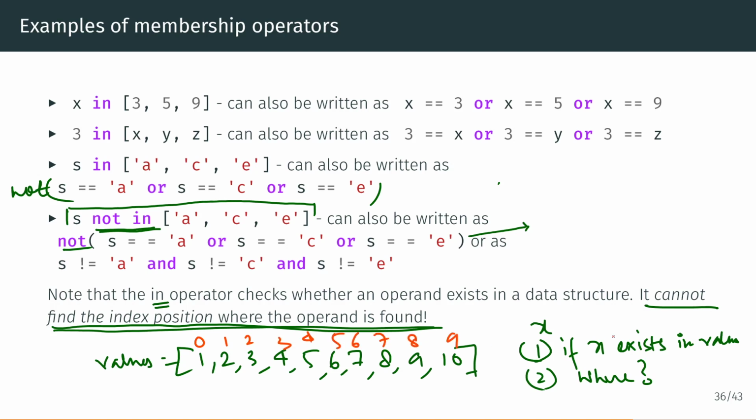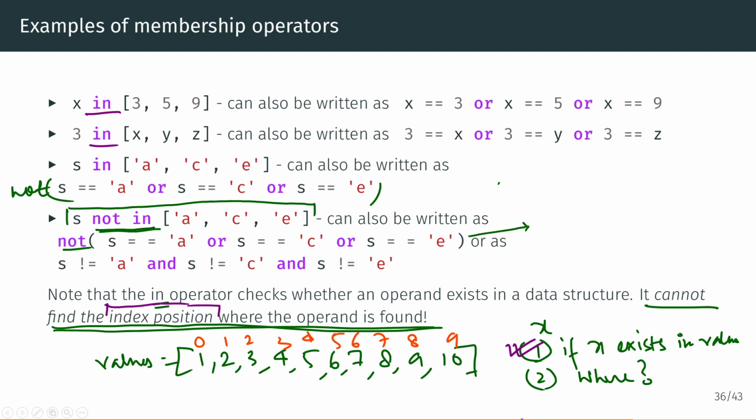So if x exists, at what index does it exist? The in operator or the not in operator will not find the index for you. They will only tell you if x exists. They will only answer the first question, not the second.